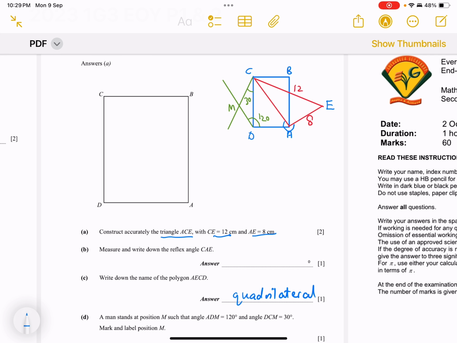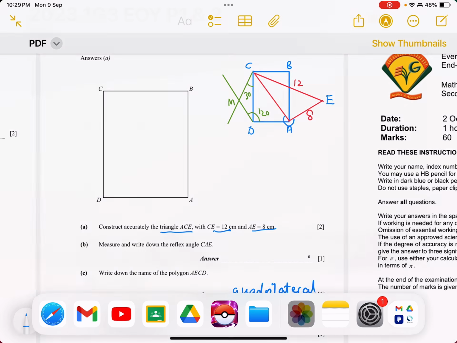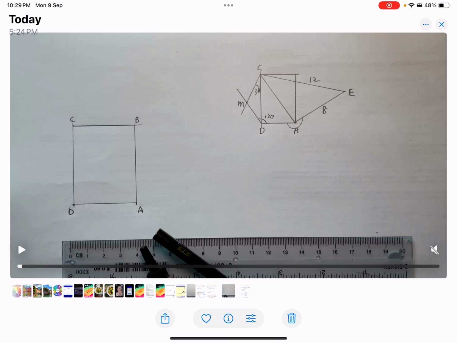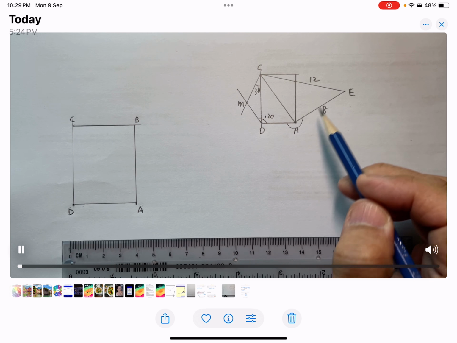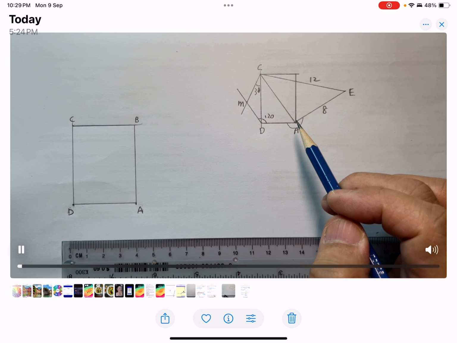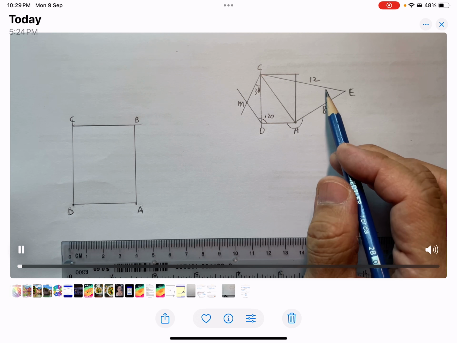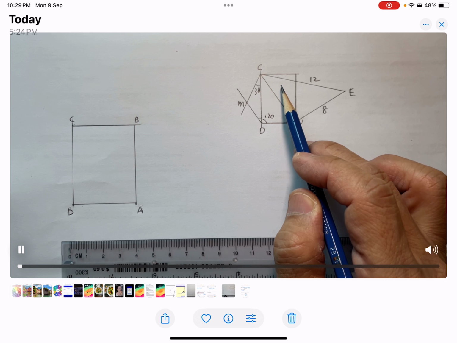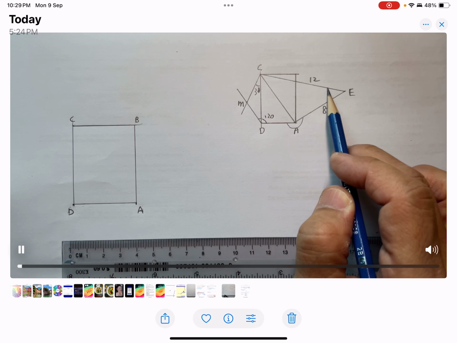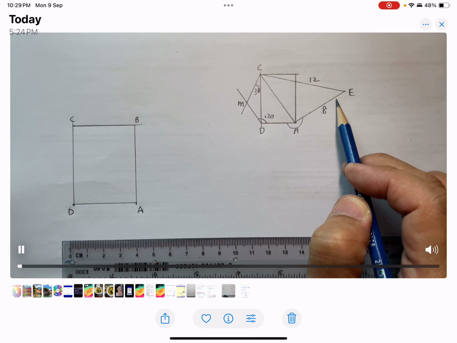So this is what we need to construct. It's always good to begin by drawing a rough sketch of what we want to construct. The first part requires us to construct the triangle ACE with CE as 12 and AE as 8.